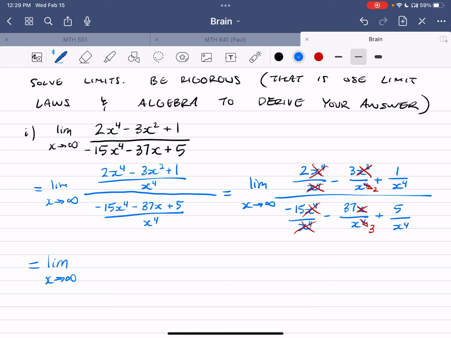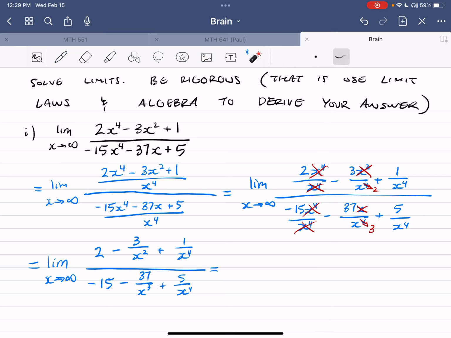So now we have 2 minus 3 divided by x squared plus 1 over x to the fourth, divided by negative 15 minus 37 divided by x cubed plus 5 over x to the fourth.